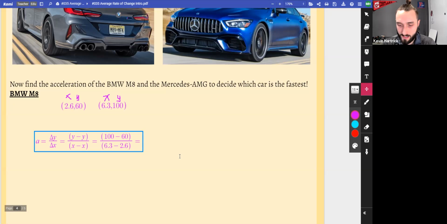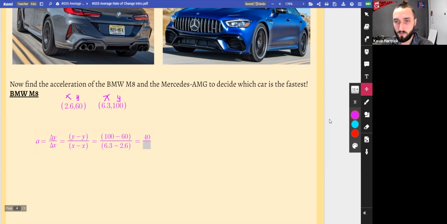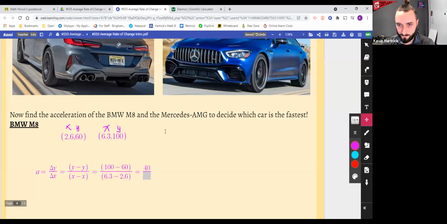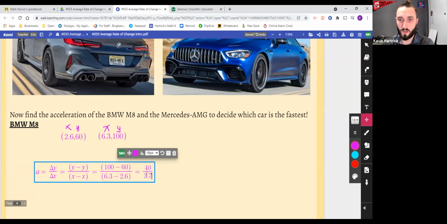Again, 100 minus 60 gives me 40, and 6.3 minus 2.6, we're going to try in our Desmos. Okay, 6.3 minus 2.6, that gives me a 3.7. All right, and let's do that division.